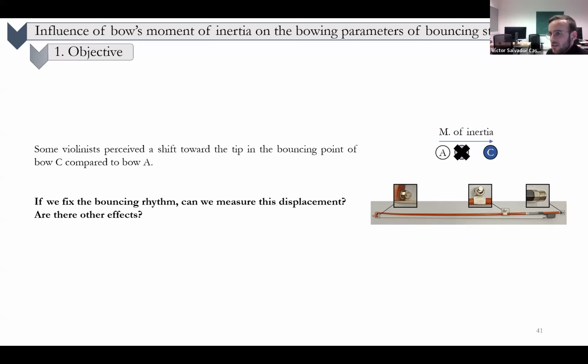And we have the following question: if we fix the rhythm, because we already saw what Capet told at the beginning of the past century, can we measure this displacement when we change the moment of inertia? And are there other effects, not only on the bouncing point, but maybe on other bowing parameters, that could be affected by this change?